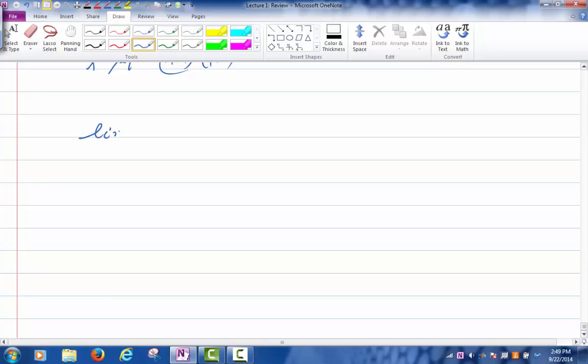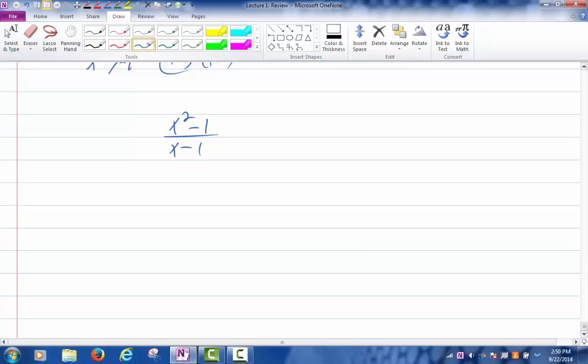Here's an example. Let's look at the function x squared minus 1 over x minus 1. In this case, notice that the denominator vanishes at 1. However, 1 is not a vertical asymptote in this case. Notice that the numerator also vanishes at 1.